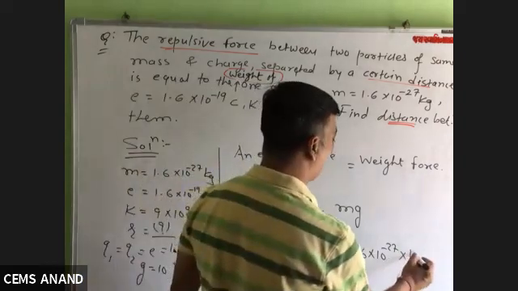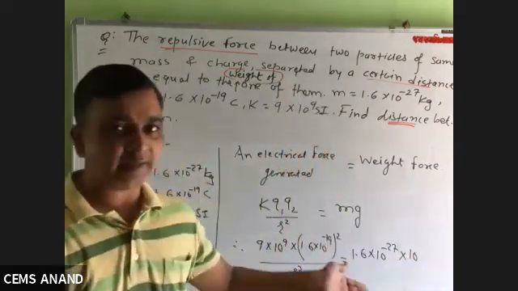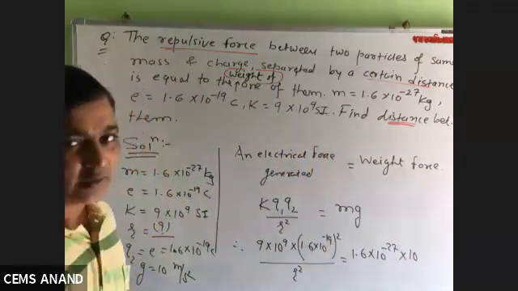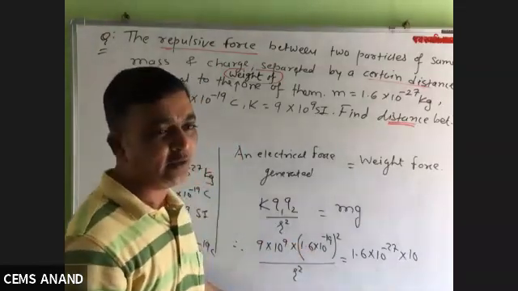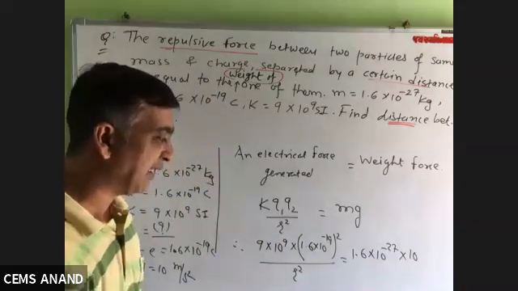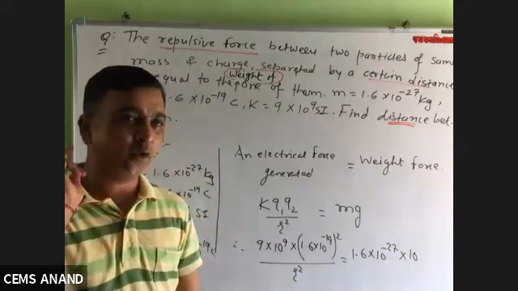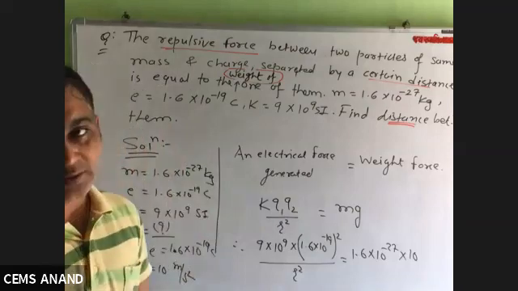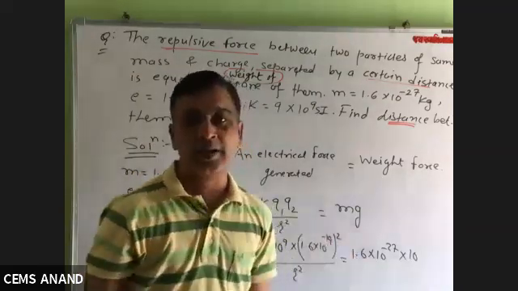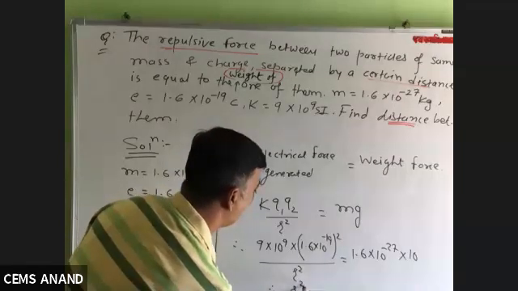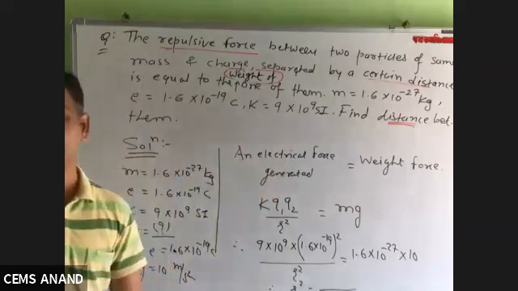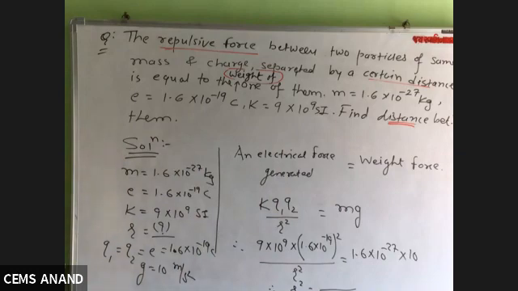If the data does not give the value of g and you use 9.8, the change in your answer is very minor, negligible. So don't worry about that. If you are not given the value of g in the question, then you should use 9.8. So I am waiting for your reply now. What is the value of r?